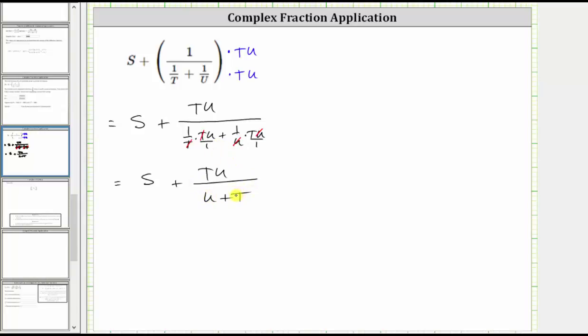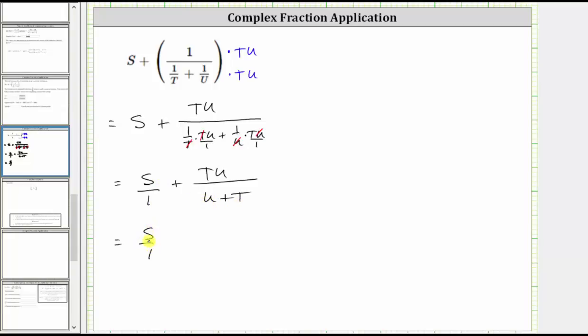And now we need to add, which means we must have a common denominator. We can write s as a fraction with a denominator of 1. And notice here the least common denominator is going to be u plus t, which means we need to write s over 1 as an equivalent fraction with the denominator of u plus t by multiplying the numerator and denominator by the quantity u plus t.